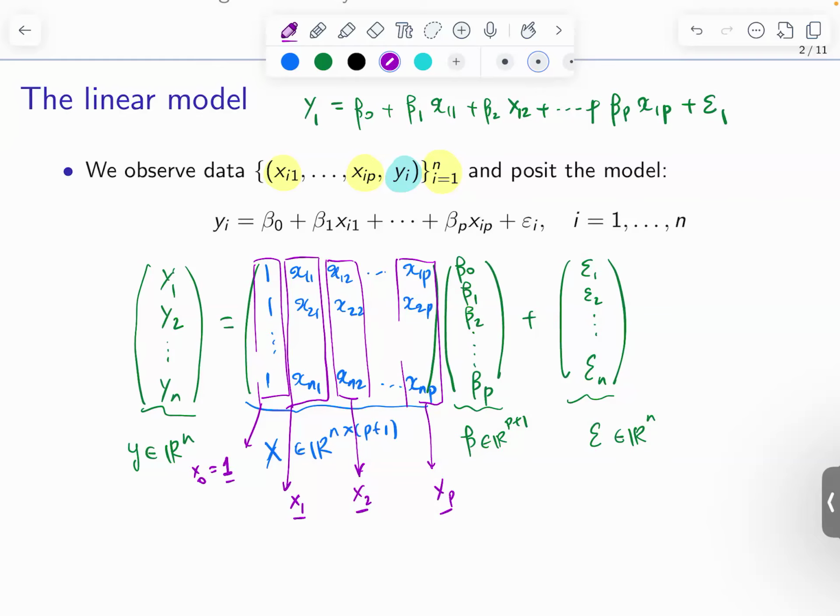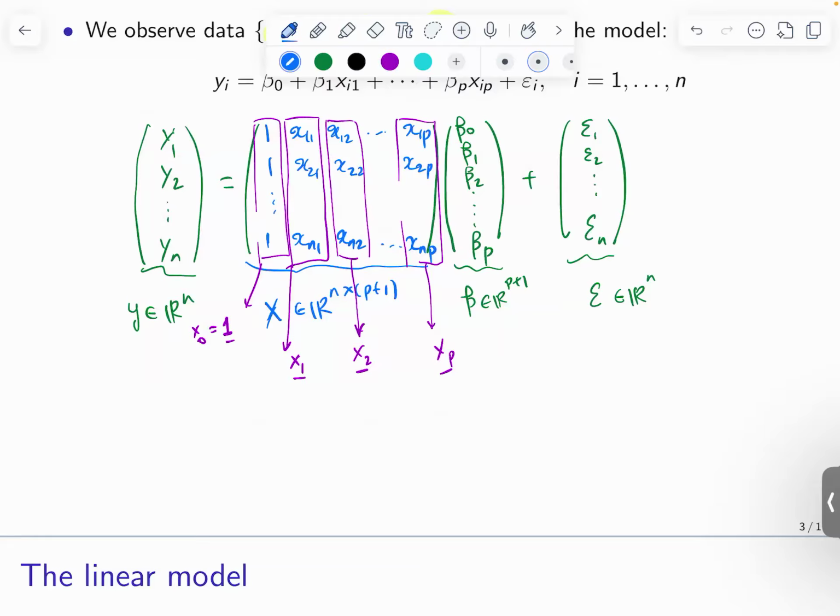Okay? So far, so good. Okay, so if you write it down in compact matrix form, then we get y is equal to X beta plus epsilon. How many people have seen this particular form? Okay.